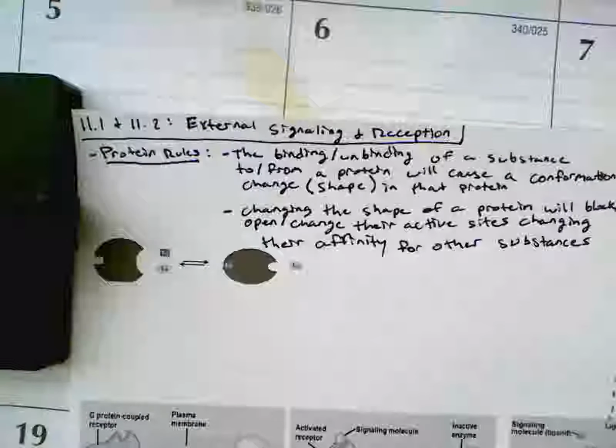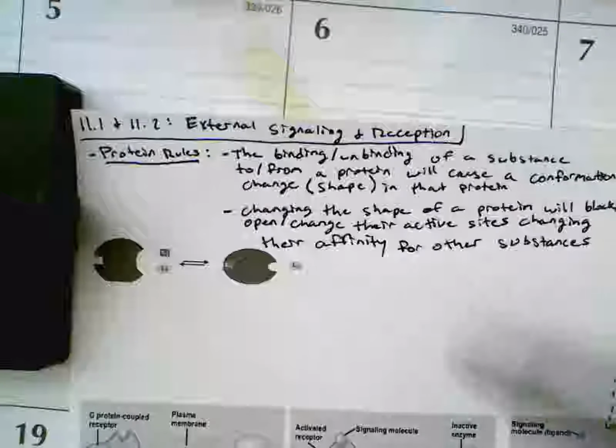So every time something binds to or unbinds from a protein, that protein is going to change its shape. A shape change in that protein is going to change what it wants to interact with. And this is how you can turn proteins on and off. This is how you would activate or deactivate a protein, depending on what is binding to or unbinding from that protein. We get specific shape changes that will then allow it to interact with new stuff.